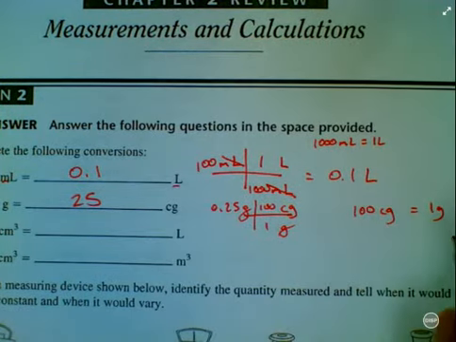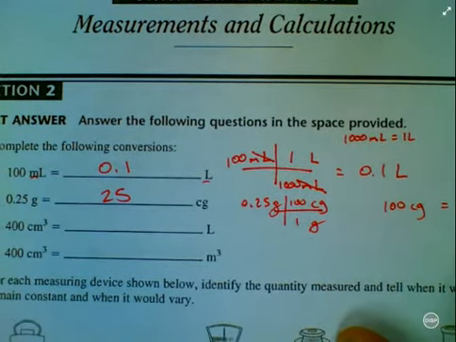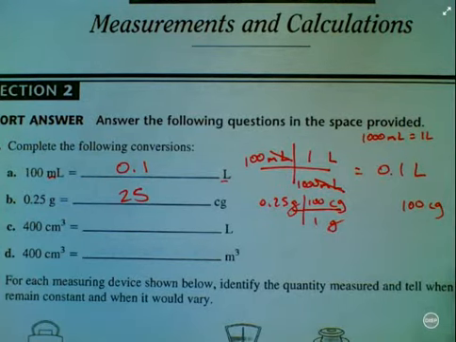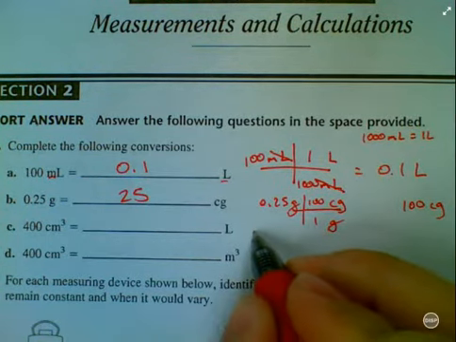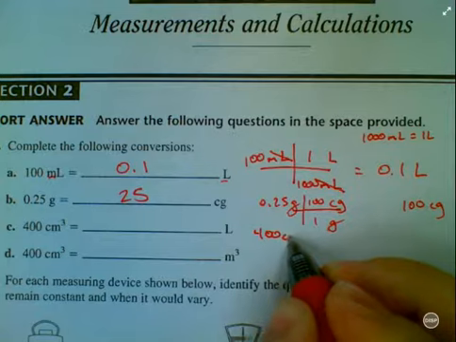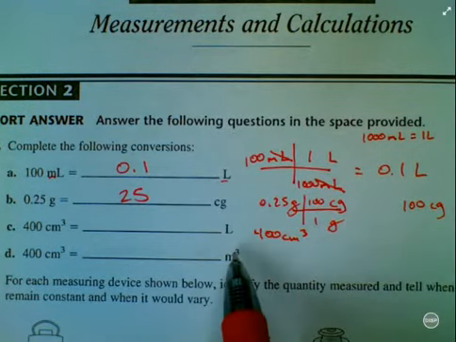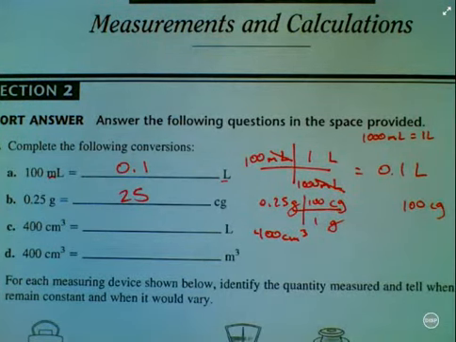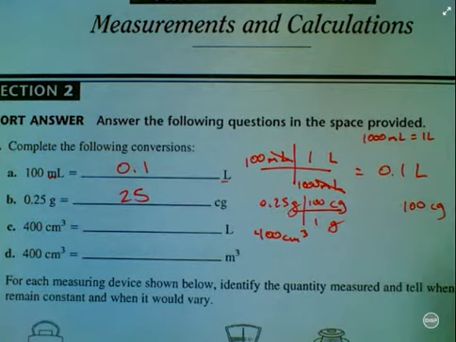Now we're going to get into a little bit of muddy water, a little bit of trickiness, but see if you can follow along. It's going to help you here. So we have 400 centimeters cubed, and we're trying to go into liters. Hopefully you recognize that cubic centimeters is a unit for volume, as is liters. They're both volume, so I should be able to convert between them.